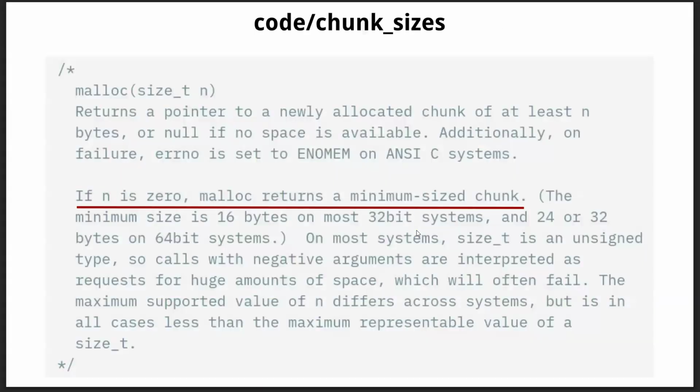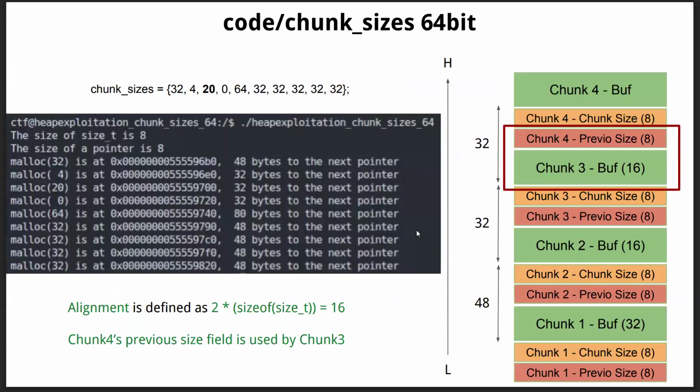So malloc with 0 bytes actually gives you a lot. If you read the source code, you can find that. In the comment in the source code, it says if n is 0, malloc returns a minimum sized chunk. We saw that in the 32-bit version, the minimum size is 8 bytes. The 64-bit version, let's see, did we show it here? This one should show that.